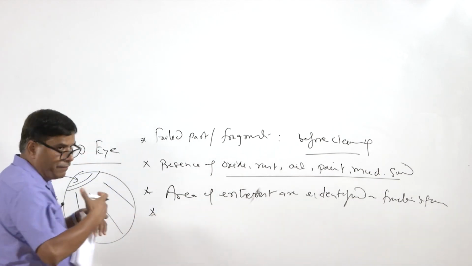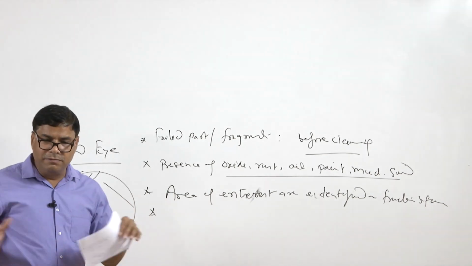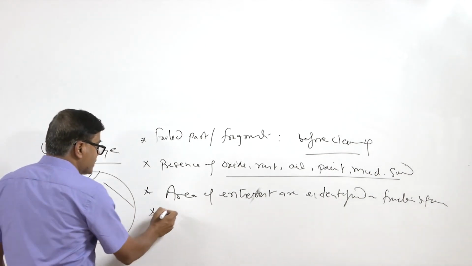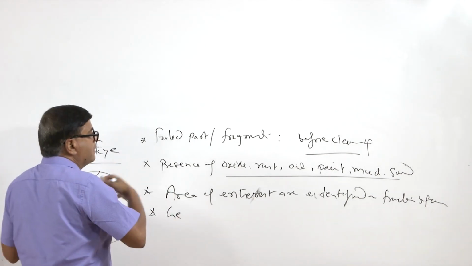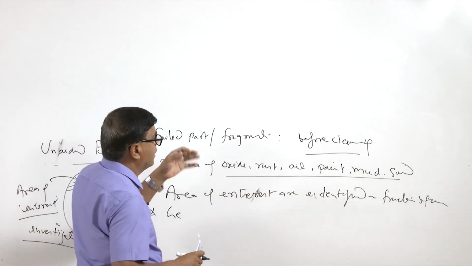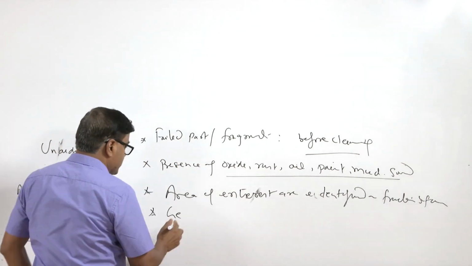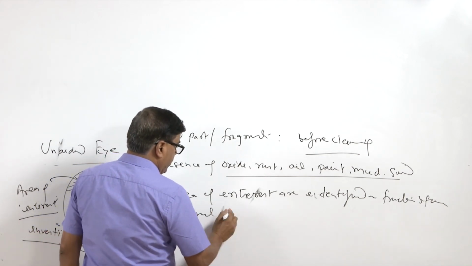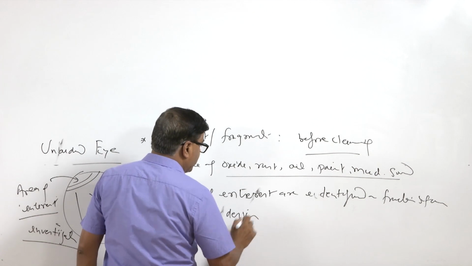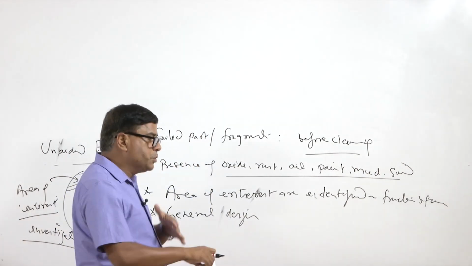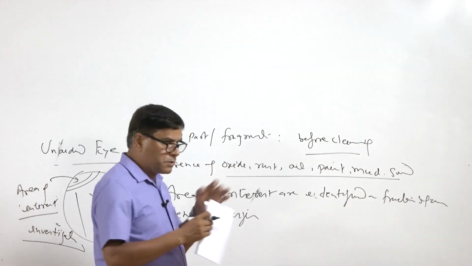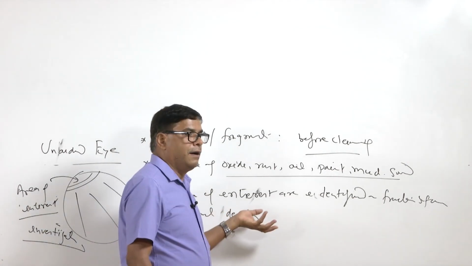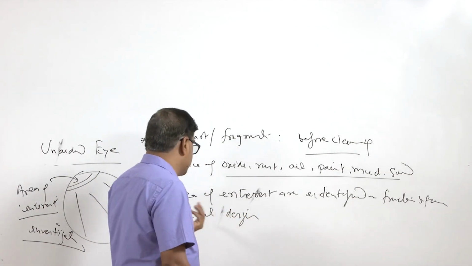Then whenever the failed component is observed, the general observation by the naked or unaided eye will also give us an idea about the general design of the product or the failed component. If there is a huge discrepancy in the design, that can be identified easily through general observation.